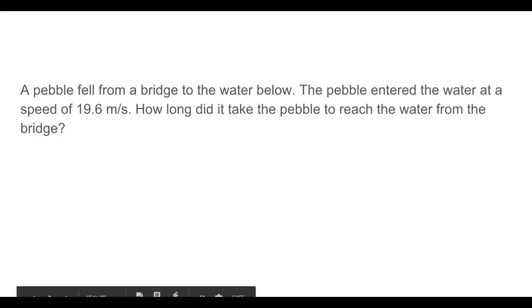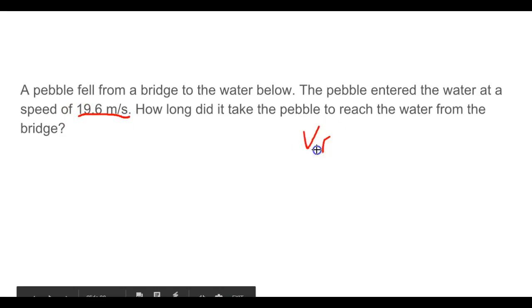Okay, so we'll do one more. In this case, again, we go through and figure out what our knowns and unknowns are. So we know that the pebble is going to enter at a speed of 19.6 meters per second.